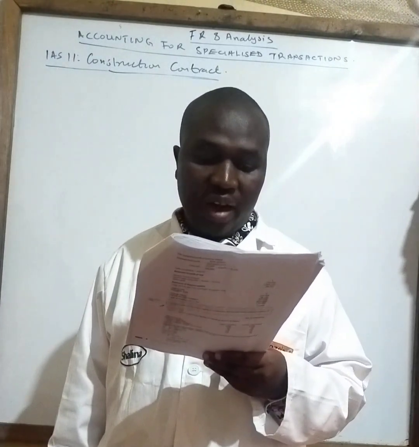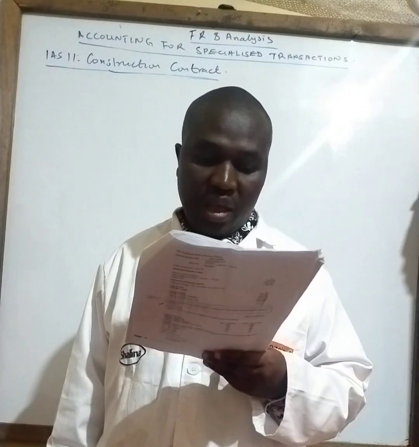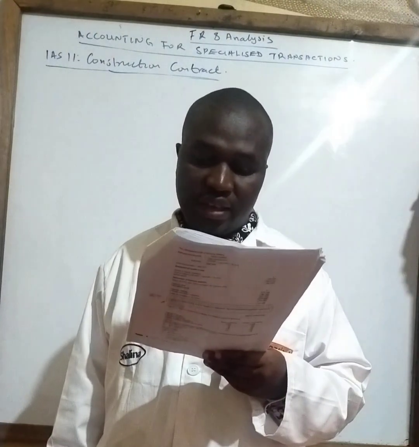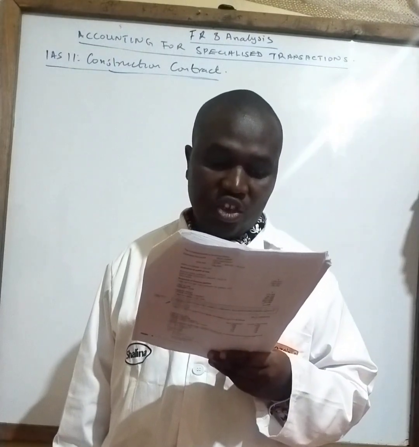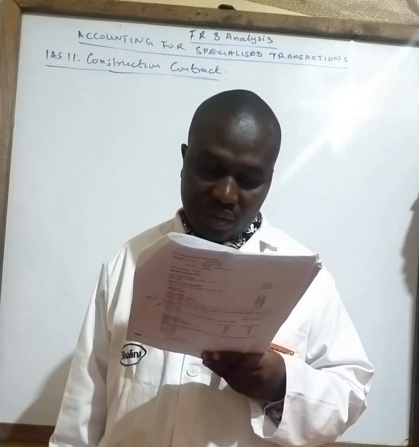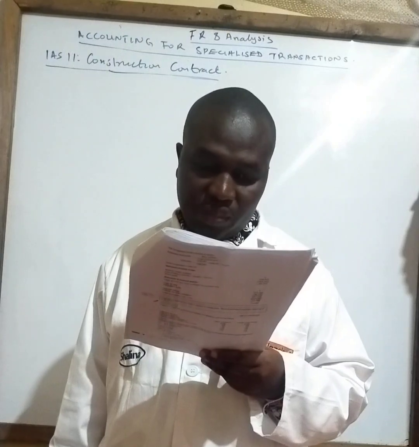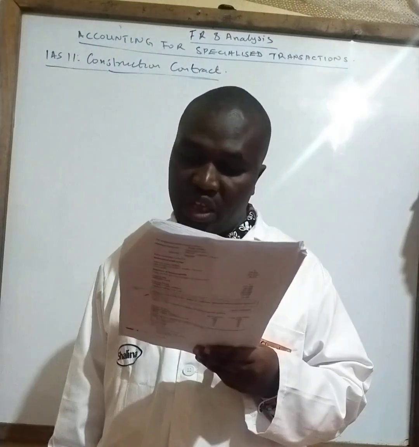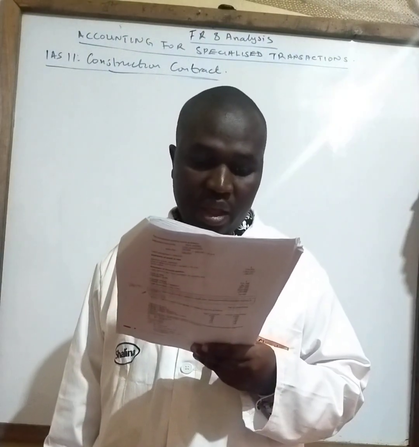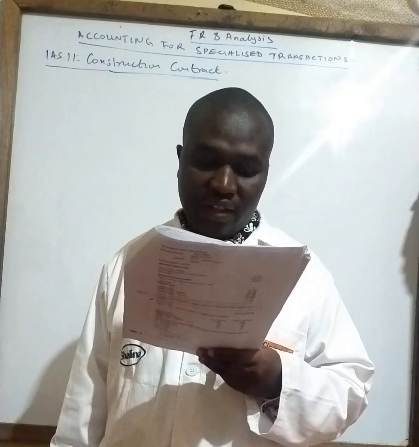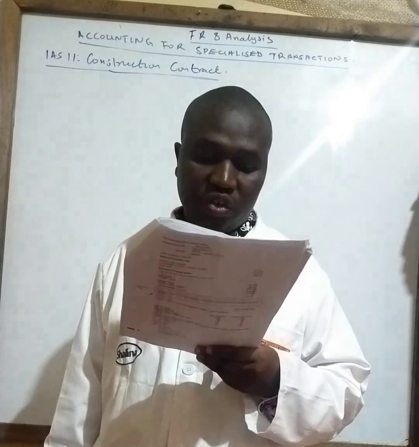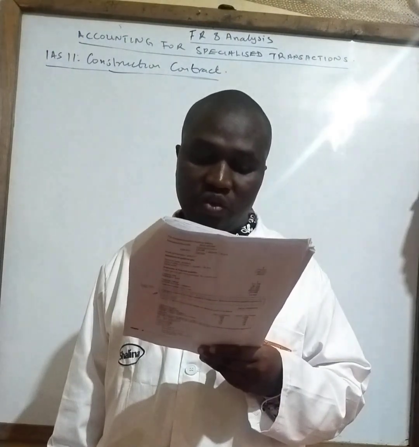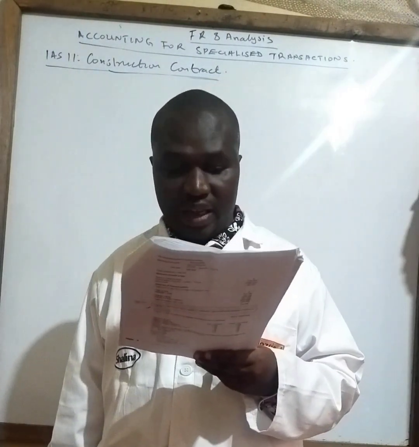Value of work certified to 30th September 20x3, 230,000. Progress billing to 30th September 20x3, 230,000. Cash received to 30th September 20x3, 194,000. Estimated cost to completion at 30th September 20x3, 20,600.